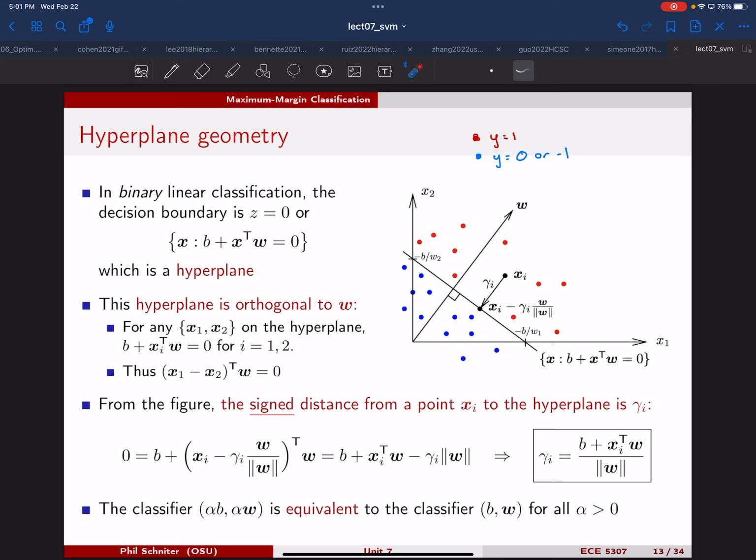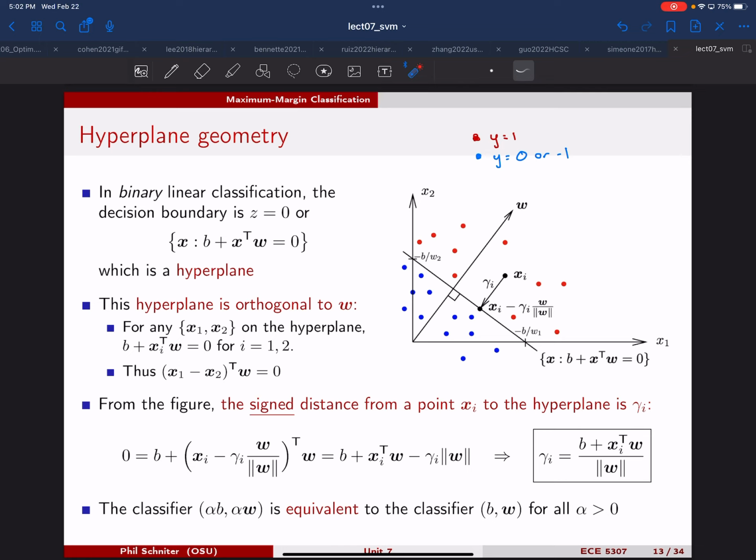But what can happen with test data? Is it necessarily going to be perfect? No, right? Because with test data, maybe we'll have a red test point that's over here, and we would make an error. We don't know. Intuitively, the closer our training points are to this line, the more nervous we get that we might have some test points that are that close or even closer, maybe even on the wrong side.